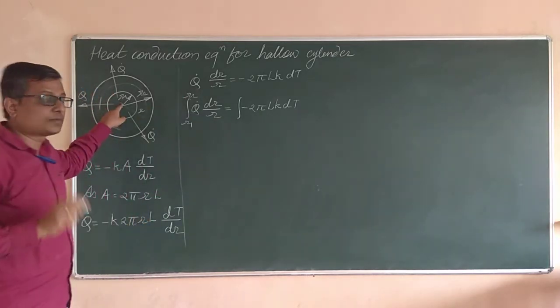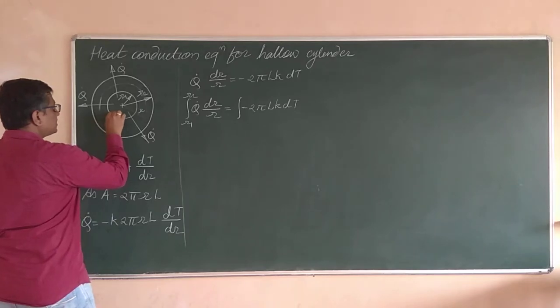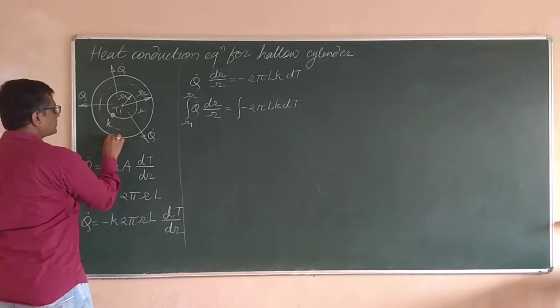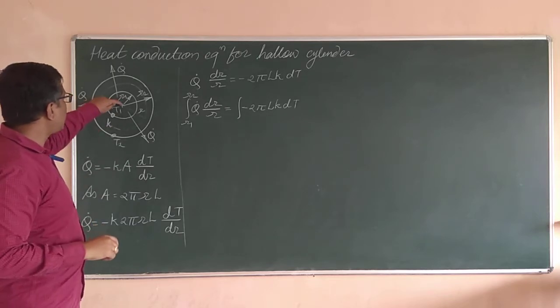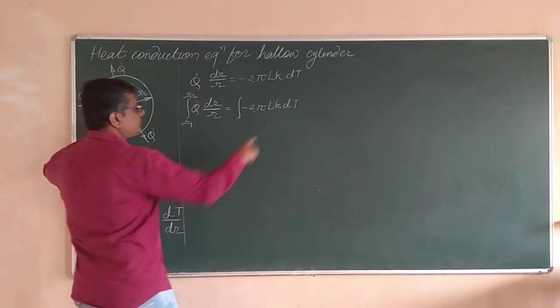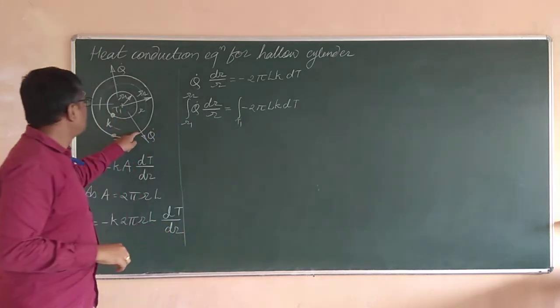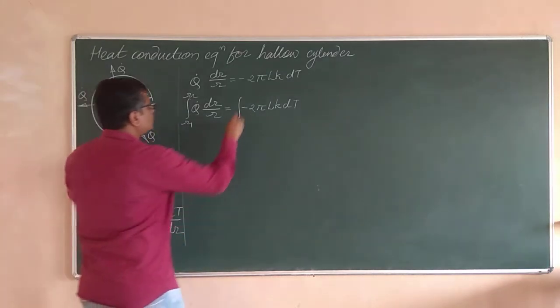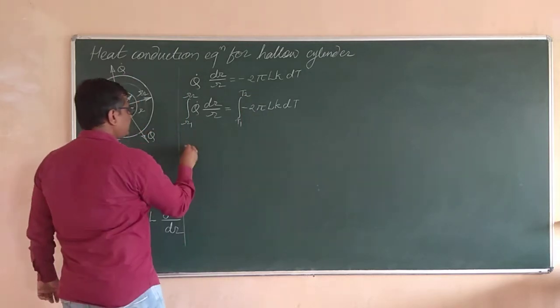Oh, I forgot to mention the temperature. The inner surface temperature of this cylinder is T1 and the outer surface temperature is, say, T2. So at r equal to r1, T is T1, and when r is equal to r2, the temperature at the outer surface will be T2.